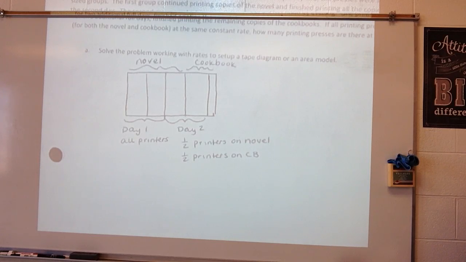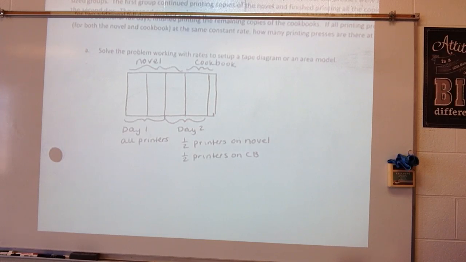So if all printing presses completed half of the novel job on day 1, then half the printing presses would only complete 1/4 of the job on day 2. Therefore, only 3/4 of the novel job would be completed by the end of day 2. But the story says the whole novel job is complete by the end of day 2. So something's not quite right here. What we need to understand is that the novel job must be split into thirds.